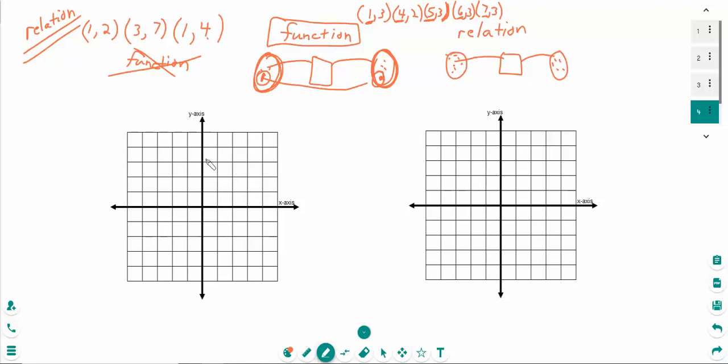So, with that all in mind, let's talk about some graphs. Let's say I have the graph of a line that looks like this. Okay? And if I were to ask you, does this graph depict a function?